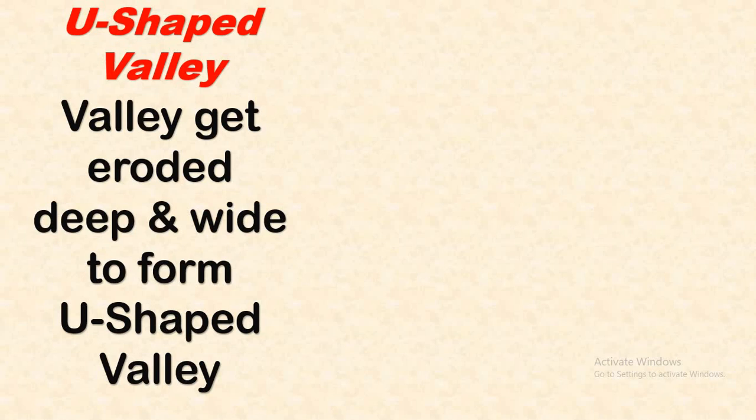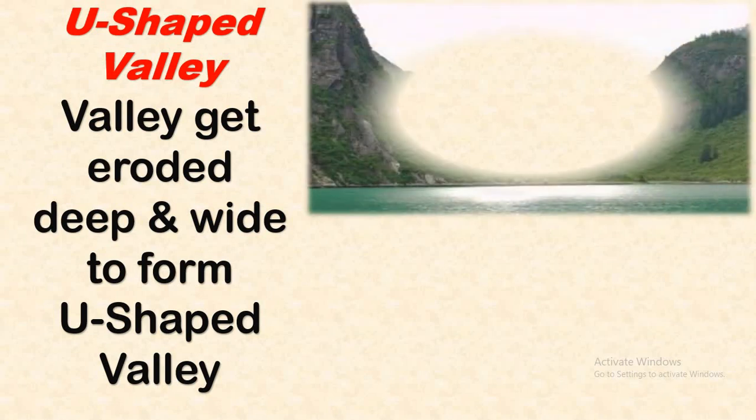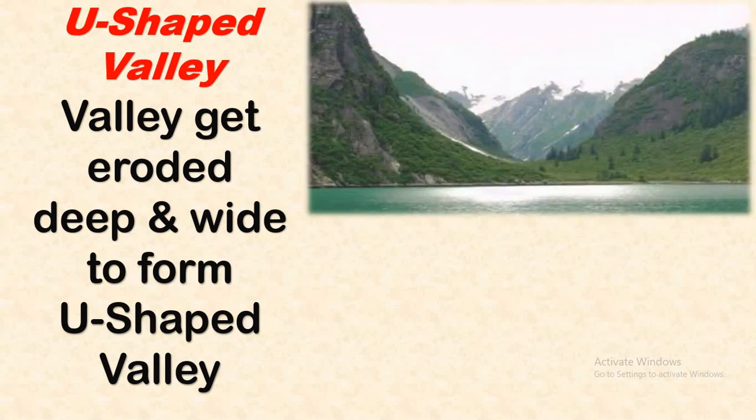Fourth is the U-shaped valley. When the normal valley gets eroded deeper and wider, it forms a U-shaped valley. Look into the picture, you will have a clear view. So this is how it gets eroded.